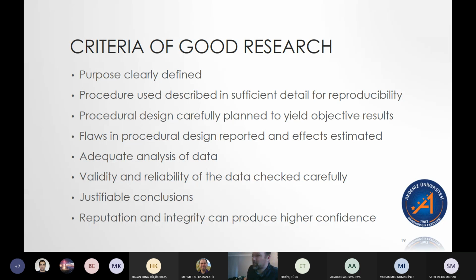The idea of reputation and integrity can produce higher confidence if you have two different sources, two different universities or two different researchers, and one of them has a reputation of being very careful and very honest in how they report their data, and the other has kind of a reputation of just saying things that look good, or not necessarily that, but maybe they don't do enough experiments.